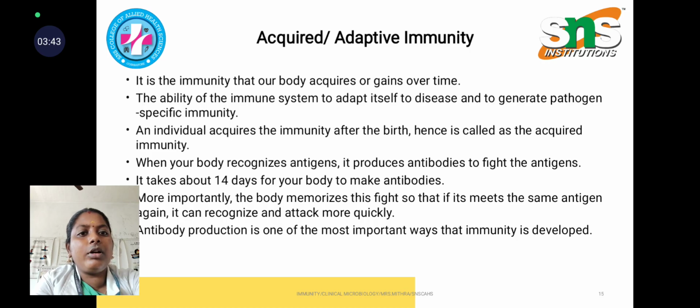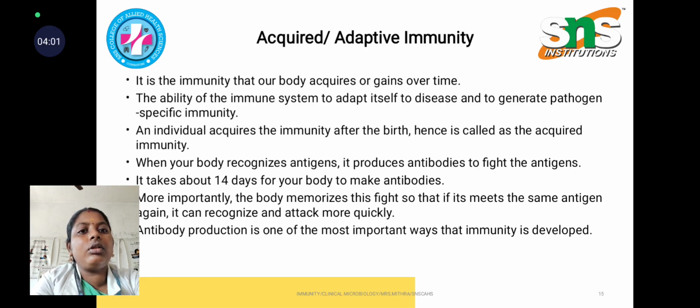When our body recognizes antigens, it produces antibodies. When our body recognizes any type of pathogen attack, it immediately produces antibodies or immunoglobulins to fight or kill that specific antigen.